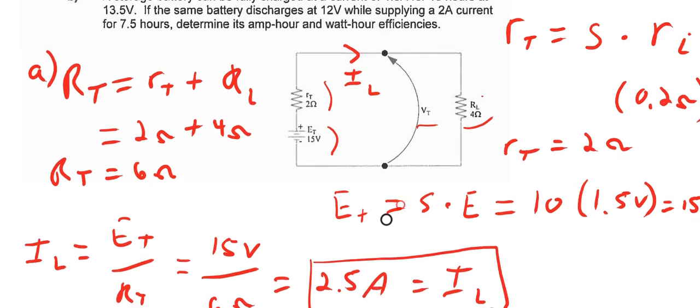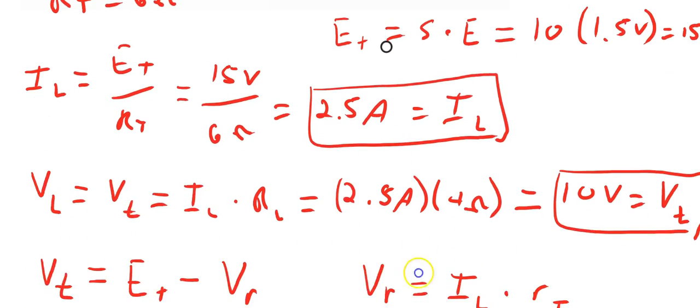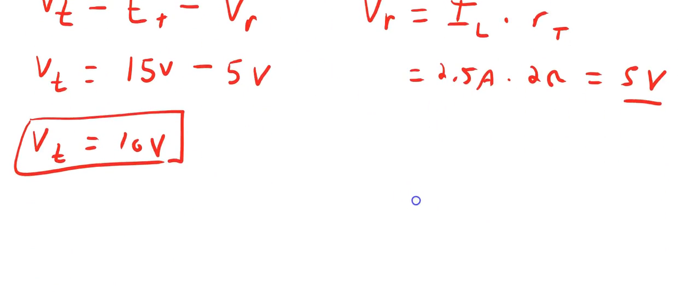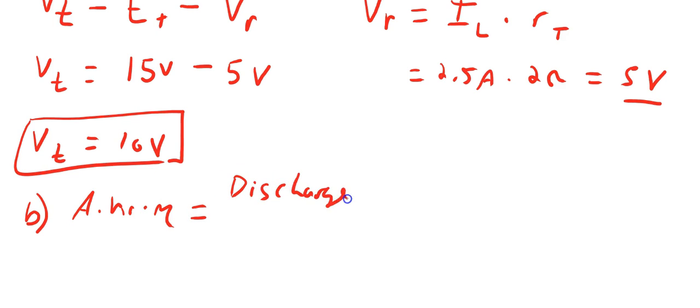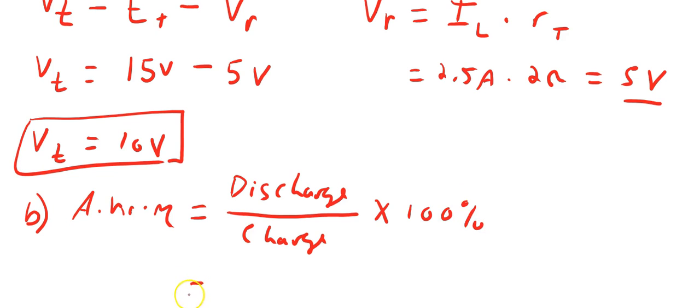So if we refer to the equations provided in the instructor notes, you'll see that the amp hour efficiency can be calculated as the discharge amp hours divided by the charge amp hours, which will produce a decimal. For efficiency, we multiply by 100% to give us efficiency in percent.